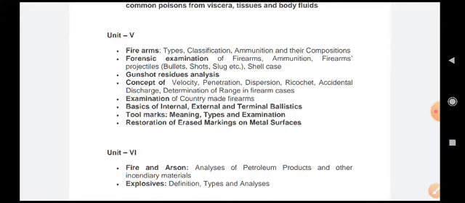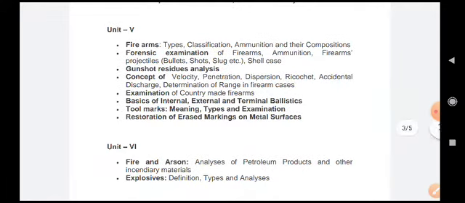Here the history of firearms, and how the development occurred from matchlock, flintlock to modern rifles are asked. Okay, and the concept of velocity, penetration, dispersion, ricochet, accidental discharge, determination of range are asked.